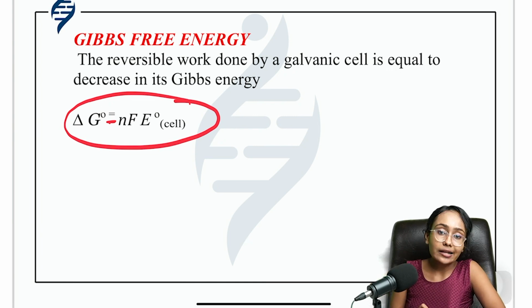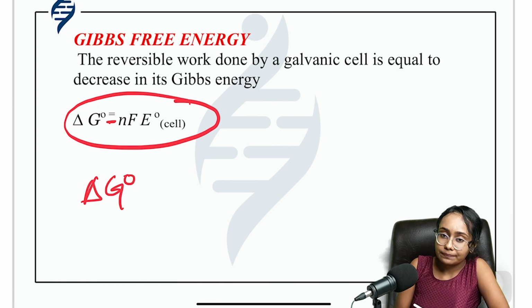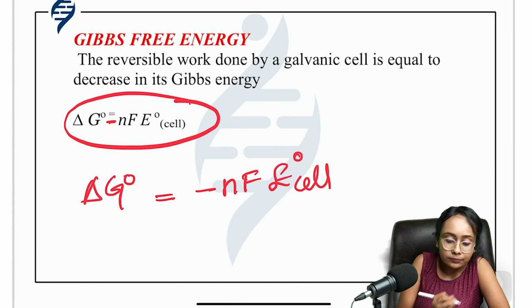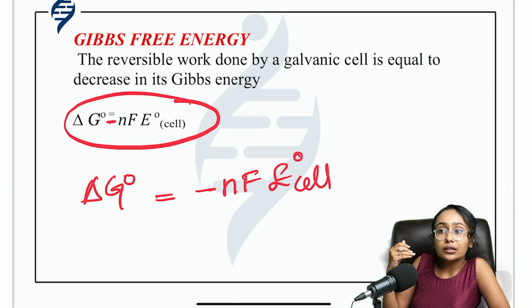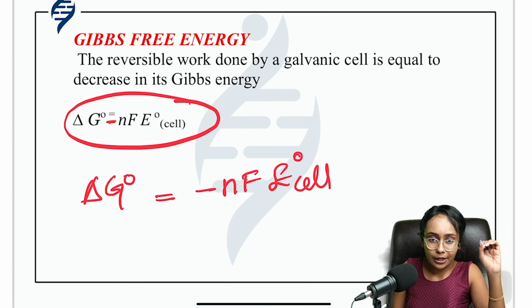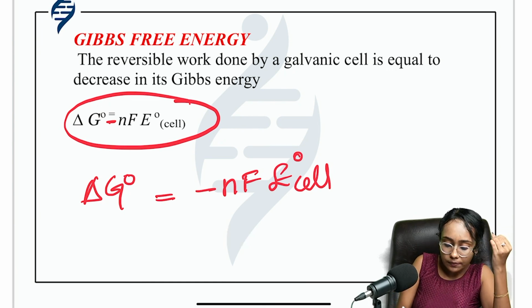What about the standard Gibbs free energy? Delta G naught equal to minus nF E naught cell. If you need the standard Gibbs free energy, just connect it with the standard cell potential. Now we are going to arrive at a third relation.